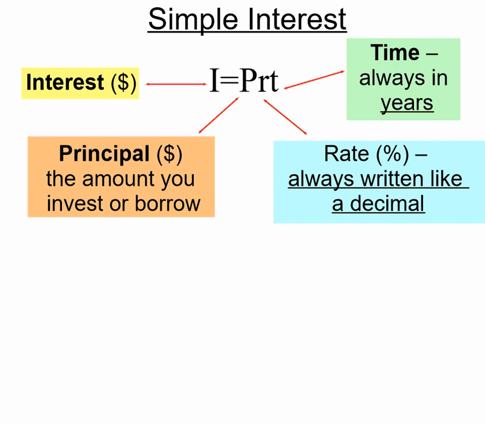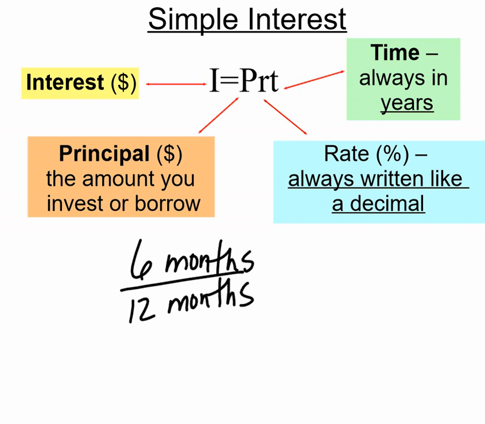And the last thing is time, T, and time is always in years. So when we get something that's not 1 year, 2 years, or 5 years, maybe it's 6 months or 3 months, let's say it was 6 months. Well, 6 months is 6 out of 12 months, isn't it? So 6 out of 12 months is a half, which as a decimal is 0.5.